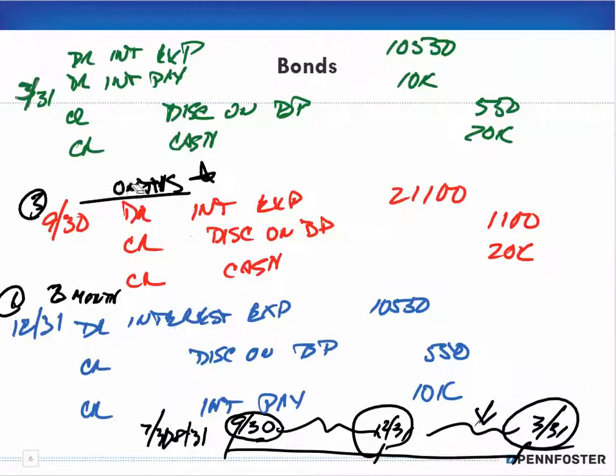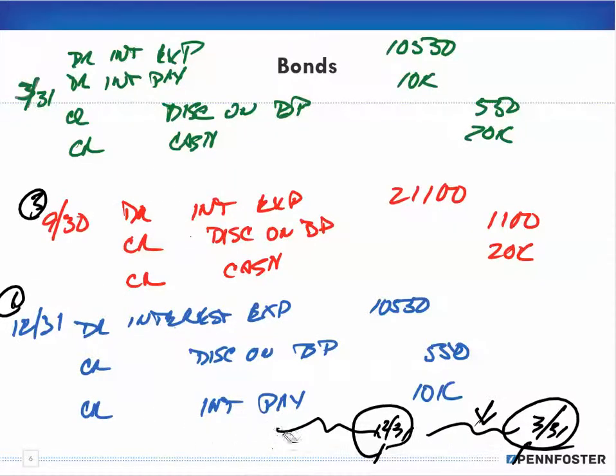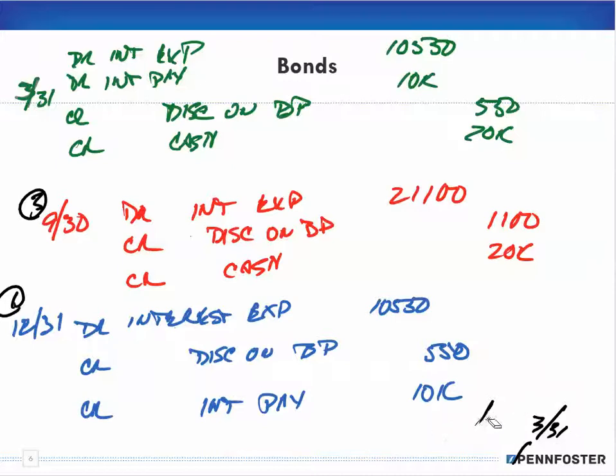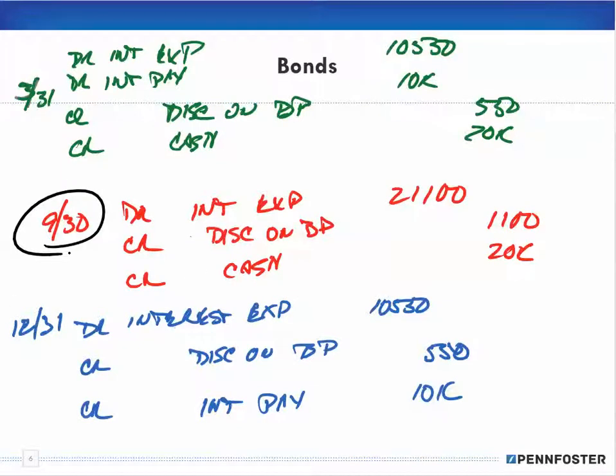Okay, you're not going to be able to just look in the book. Okay, because if you looked in the book and you see it here, you would, without thinking, say to yourself, okay, I have to make half. Right? Well, it's only half because the date when we make that interest payment is 9/30, which is 3 months from December.